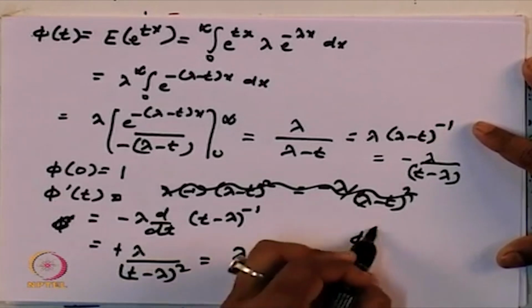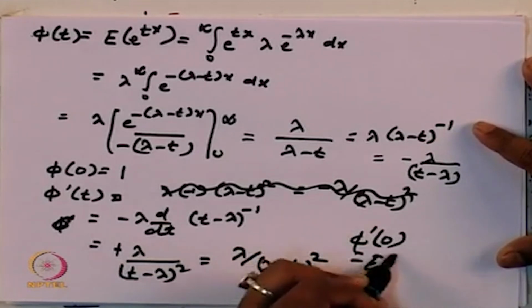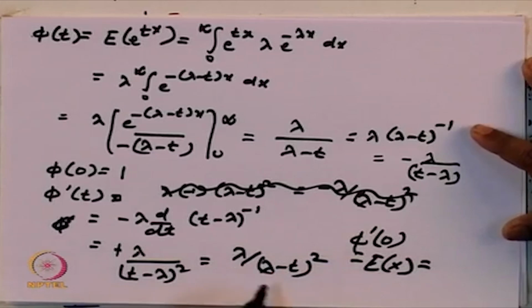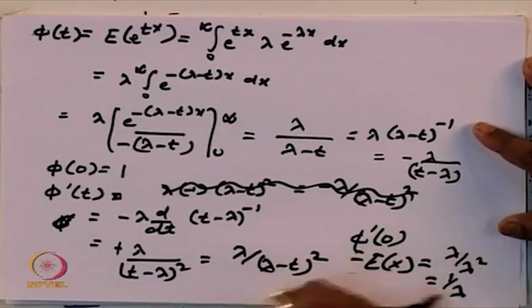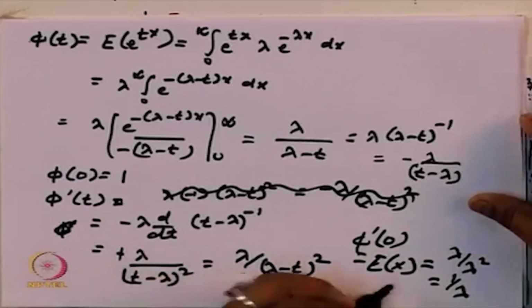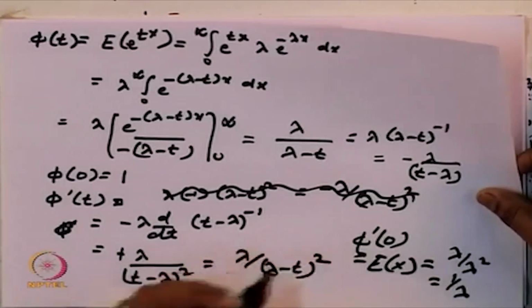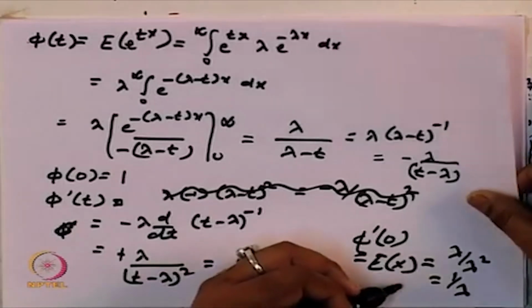So phi prime of 0, which is nothing but the expectation of x, returns a value of lambda by lambda square, equal to 1 by lambda. So the expectation of x gives you a value of 1 by lambda.